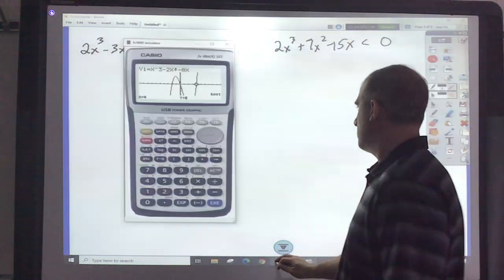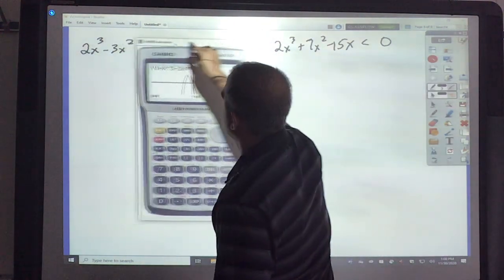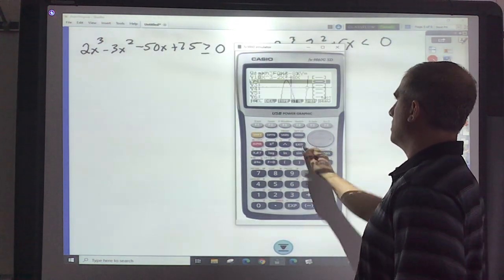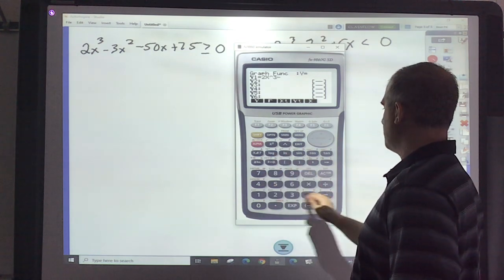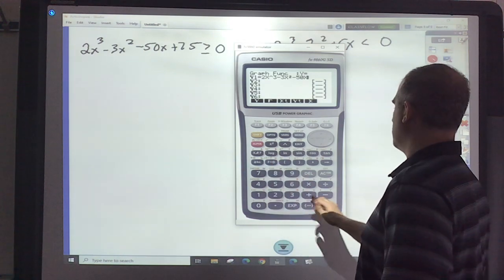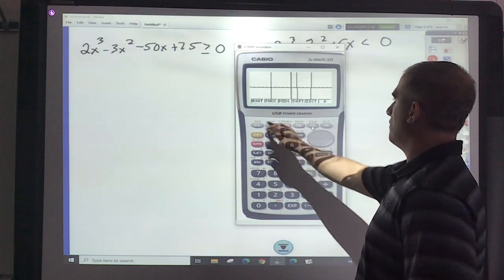So what I would do on this first one is graph 2x cubed minus 3x squared minus 50x plus 75, then use G-solve for the roots.